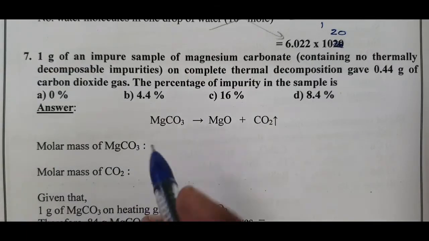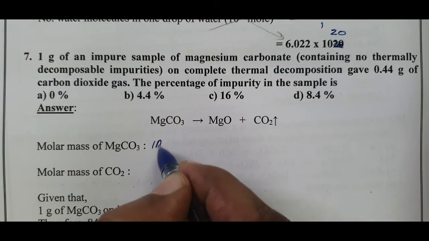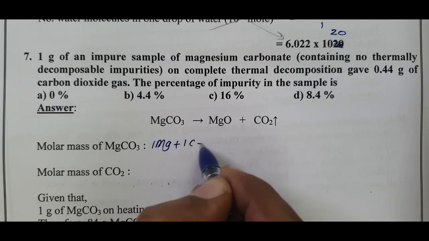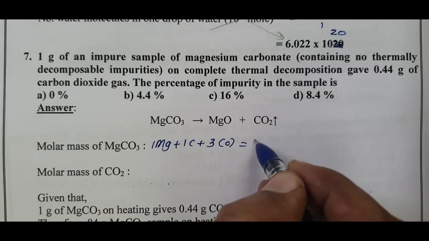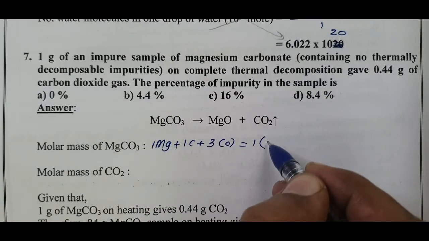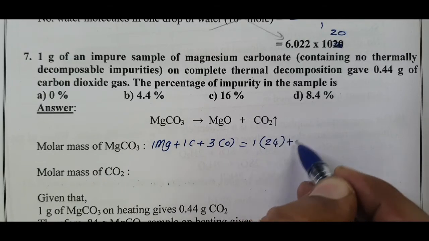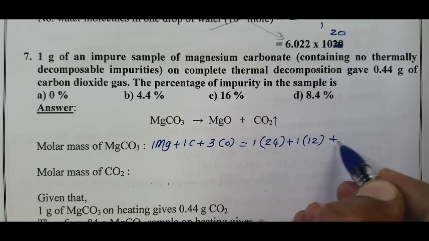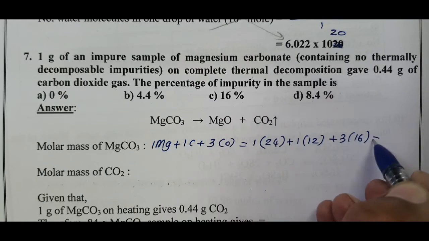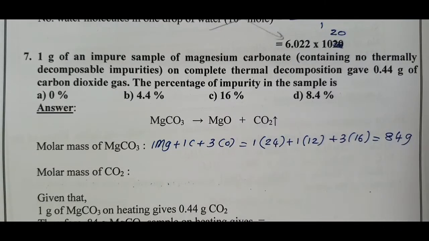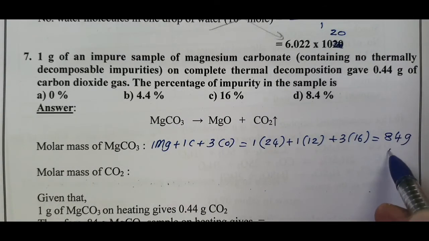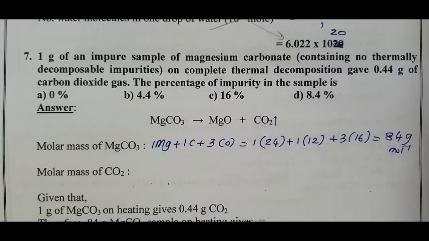Molar mass of magnesium carbonate: it contains 1 magnesium, 1 carbon plus 3 oxygen, that is 1 × magnesium atomic mass 24 plus 1 × carbon atomic mass 12 plus 3 × oxygen atomic mass 16, totally 84 gram per mole is the molar mass of magnesium carbonate.